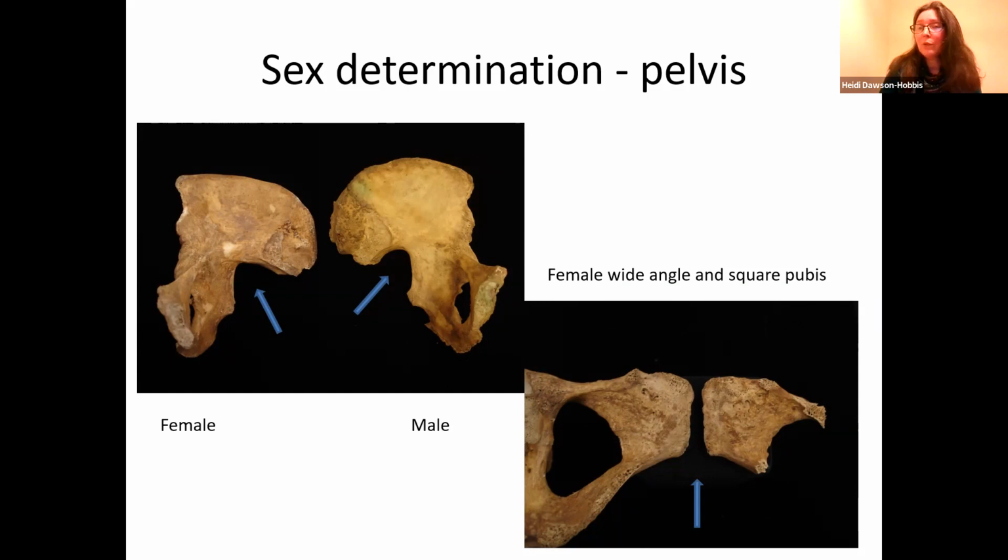The pelvis is the best bone in the body for sex determination, for obvious reasons: females have to have pelvises that are wide enough to allow childbirth, whereas males don't have to go through that. I've put an arrow looking at an area towards the back of the pelvis, called the sciatic notch.